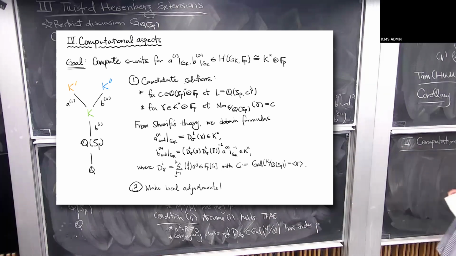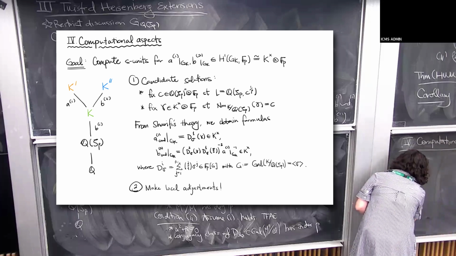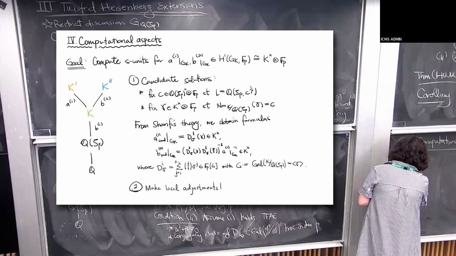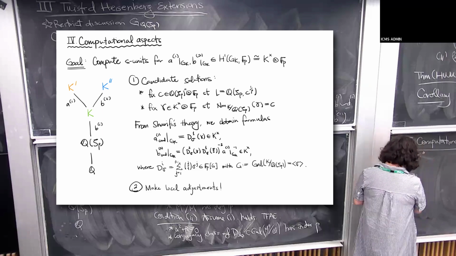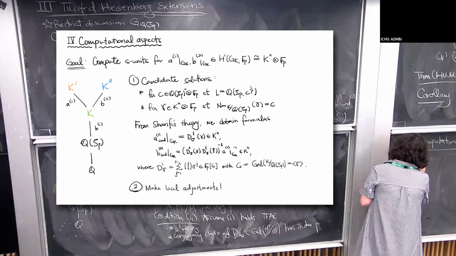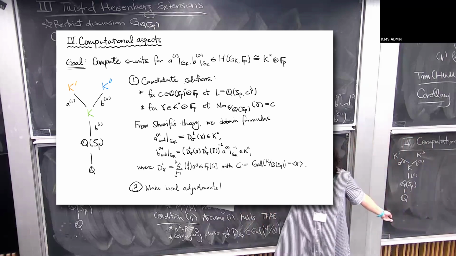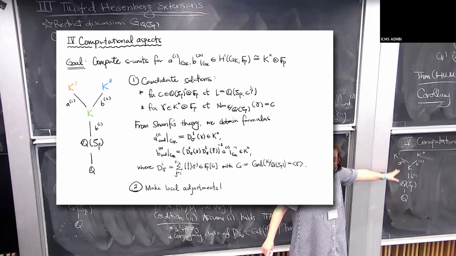Okay, and so if we redraw this picture, then we have Q coming up to Q zeta P, and then we have K, which is still cut out by B1, and now we have K prime and K double prime. K prime is cut out by B1, and K double prime is cut out by B2. Now, a big difference between these two diagrams is that K prime and K double prime are not defined canonically.